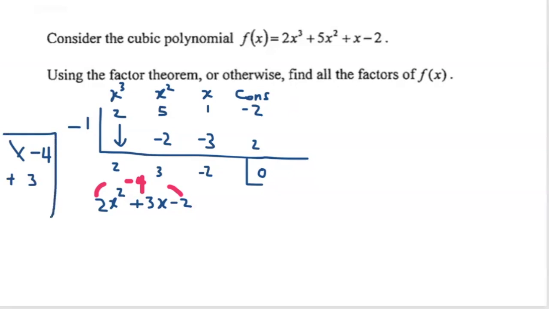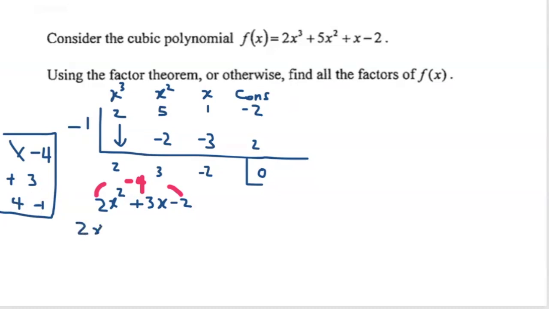So what are those two numbers? I'm hoping you're seeing positive 4 and negative 1. Positive 4 times negative 1 gives you negative 4, and positive 4 plus negative 1 is 3.